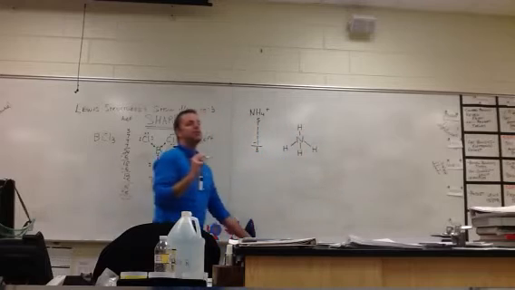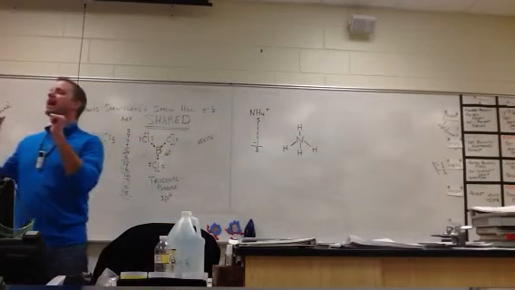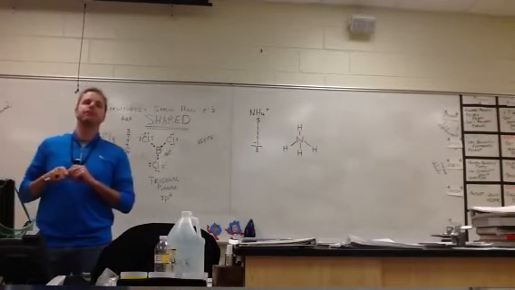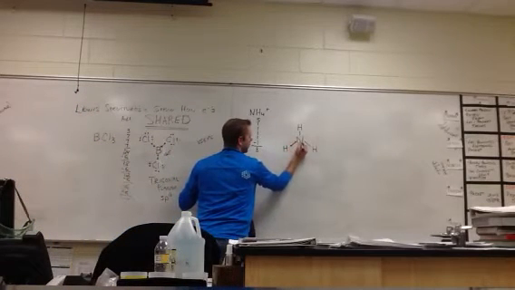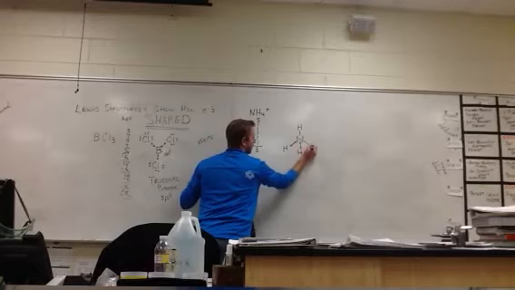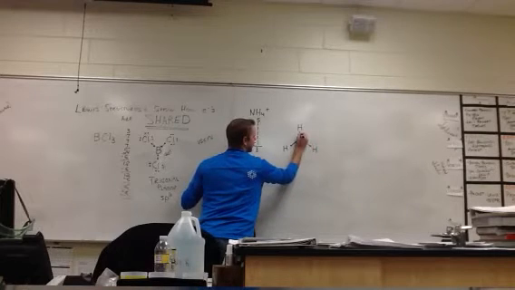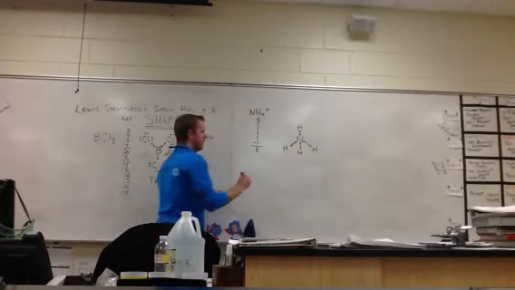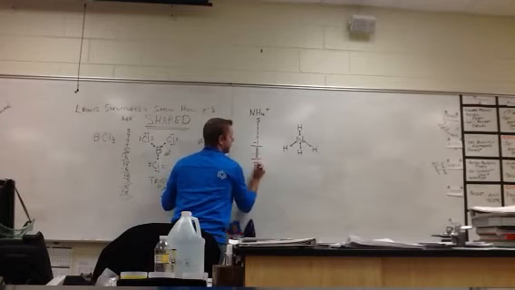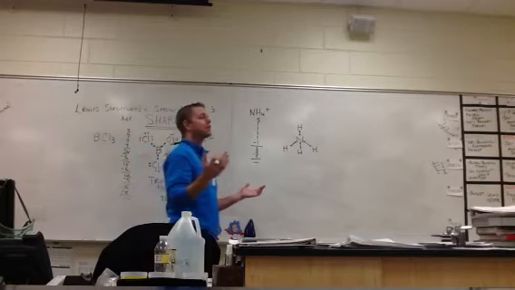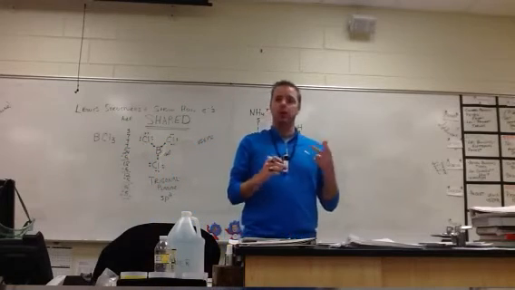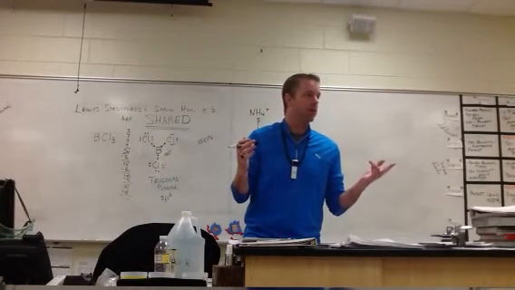So when we did our single bonds there, how many electrons did we use up? 1, 2, 3, 4, 5, 6, 7, 8, right? So minus 8, none are left. Now, hydrogen. How many electrons does it want? 2. So they're happy, all my hydrogens, aren't they?